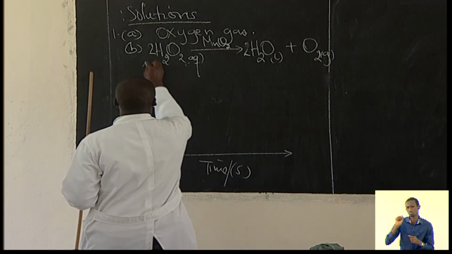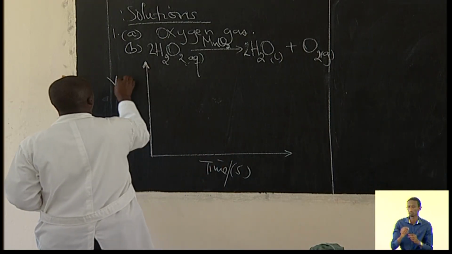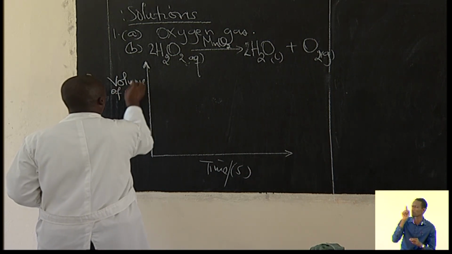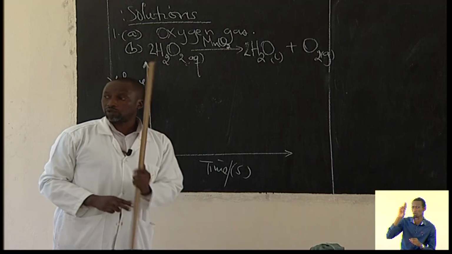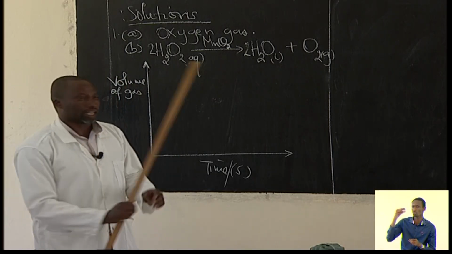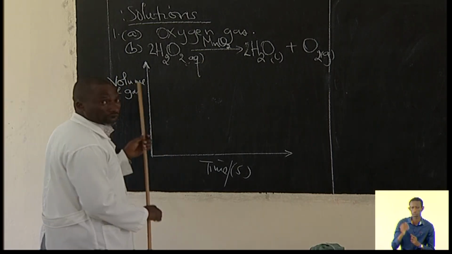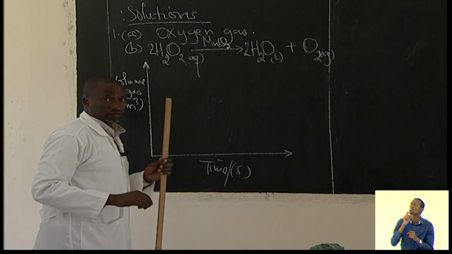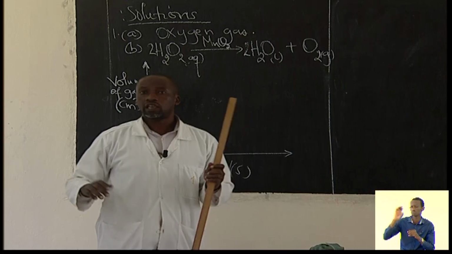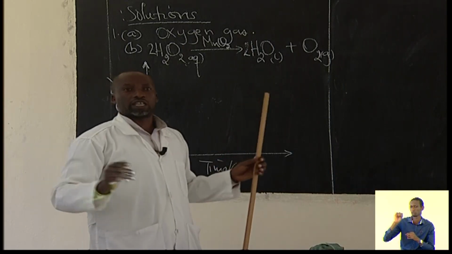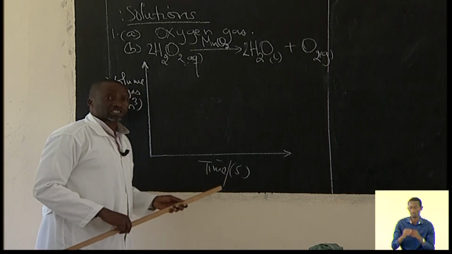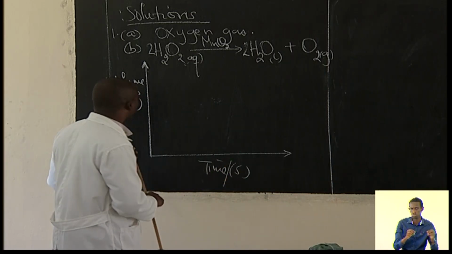This is the y-axis, and it is the volume of gas, measured in cubic centimeters. The labeling must include even the units of any variable that you are dealing with. So the time can either be in seconds or minutes, and then the volume of the gas.